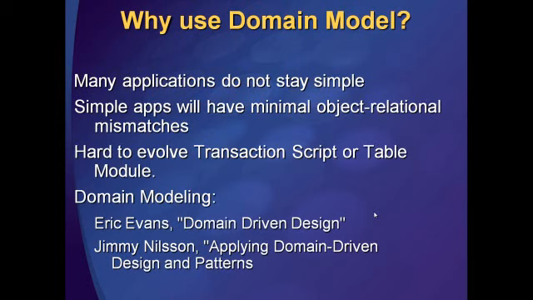We will work through the remainder of these units as if we had a domain model. Why did I make that choice? First, unless you know that your application is going to stay simple, the domain model approach will allow your application to evolve. Simple domain models will have few, if any at all, real object relational mismatches. Changing from a transaction script or table module pattern to a domain model pattern is difficult.